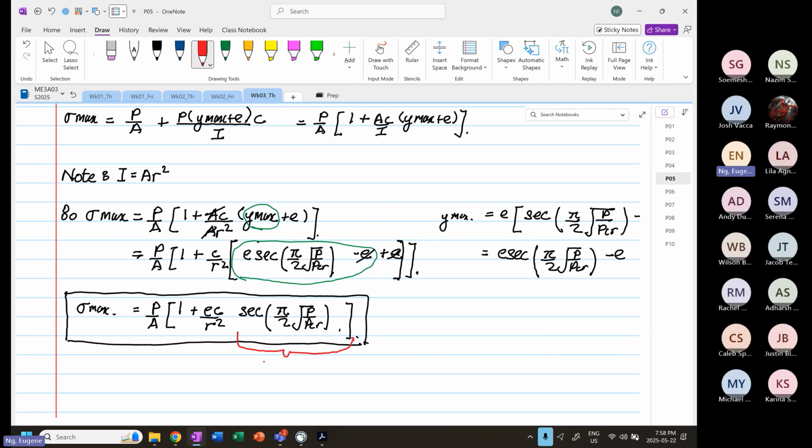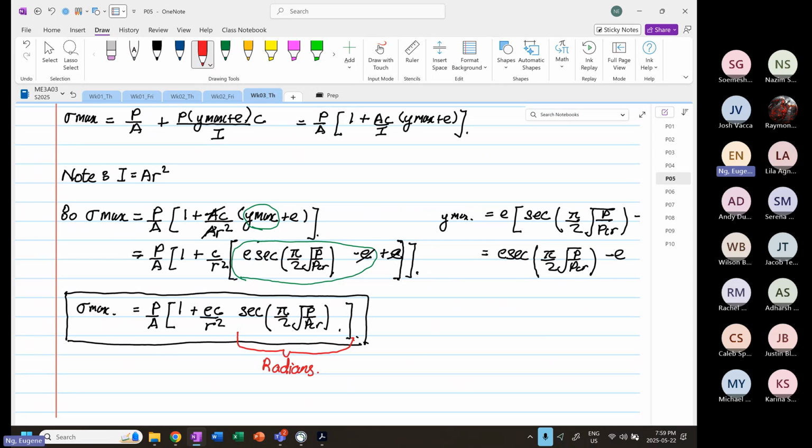This term over here is in radians. Okay, so when you calculate that on your calculator, make sure you are in the radians form. If you're not in the radians form, then later on you might be in a bit of trouble.